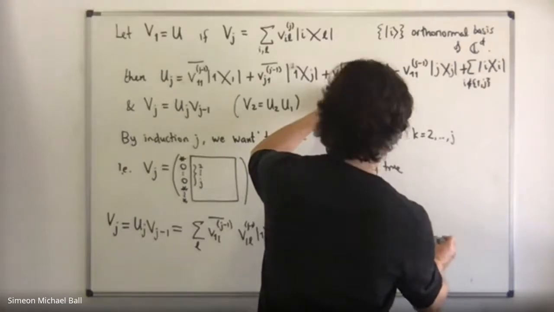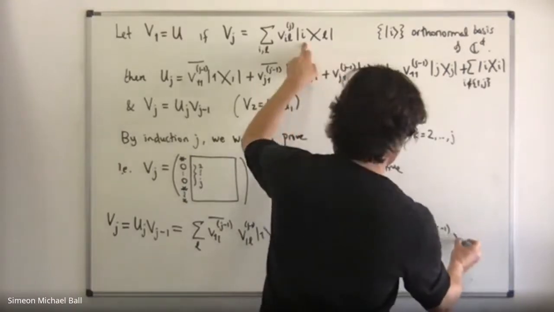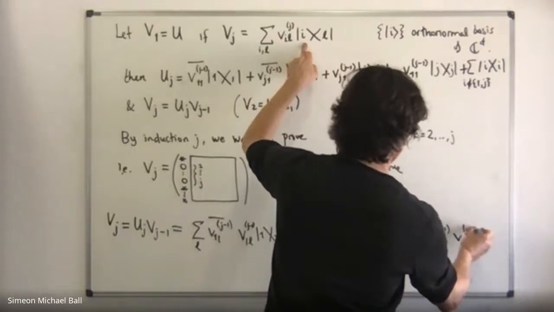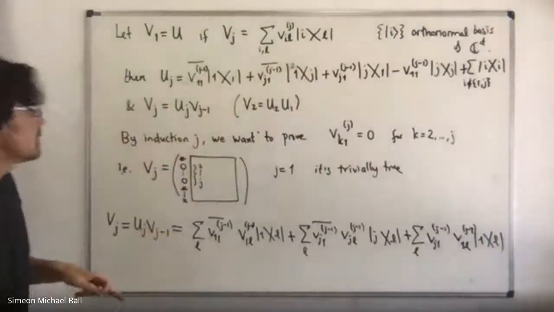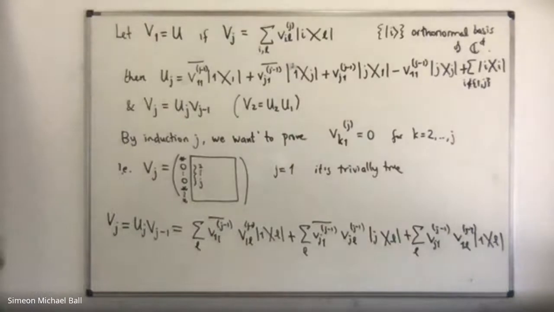Again, it's going to be this Vj1 J minus 1, and to get that, you need the 1 there. So you need V1L J minus 1 and then 1L. That's 3 terms. The 4th term, is that a minus? Yeah.